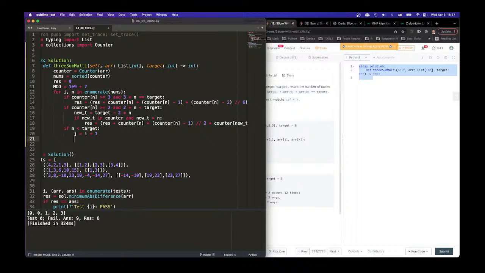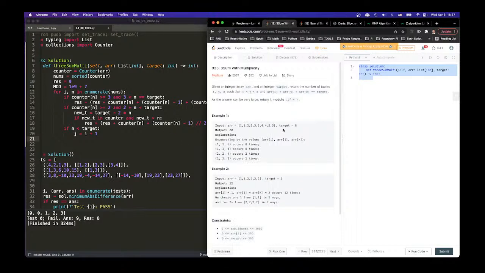Aren't we doing the same thing over and over again? Yeah, we're doing the same thing over and over again. Like if I say it's 1, we're doing the 2 sum problem over this range. Hold on, let me think again.